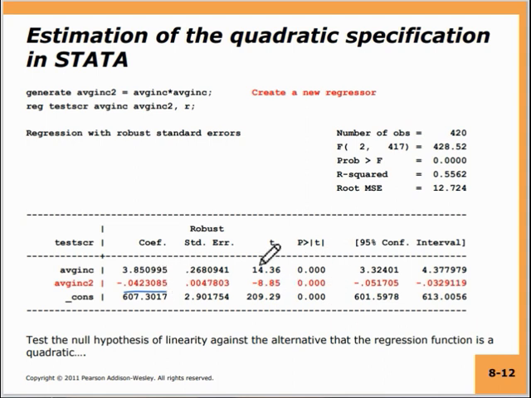The magnitude of the t statistic associated with this is high, the p values are low. So that means in fact it is good to include this squared variable. If you test the null hypothesis of linearity against the alternative that the regression function is quadratic, you can test the null hypothesis that in fact it is better to include a nonlinear term in your regression.